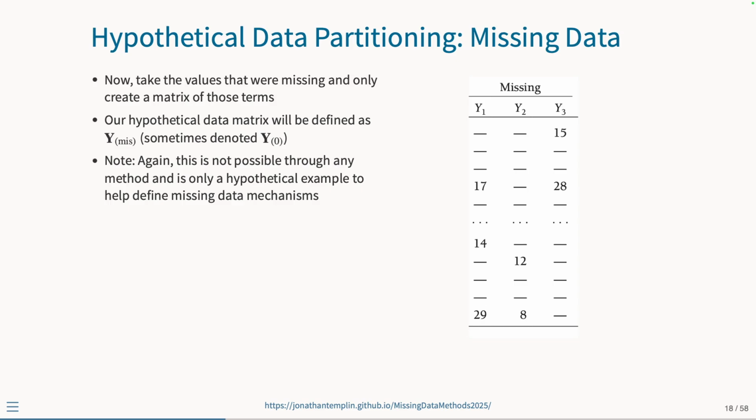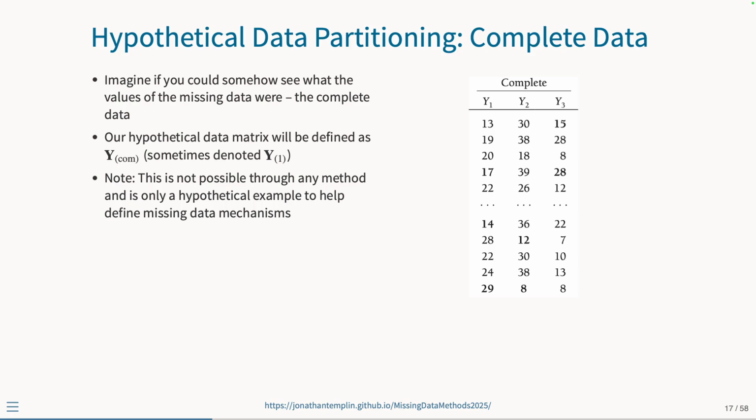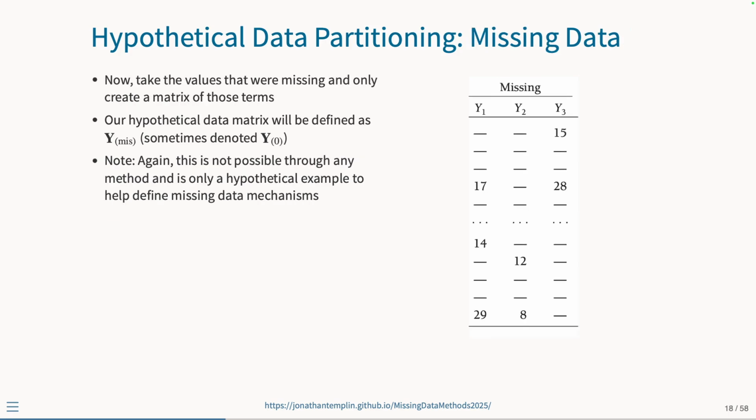If you were to invert Y observed, you'd have the values we would have seen, like the 15 in that spot. However, and again, you'll never have this, right? Y miss, you never know what those are. But we need to denote it because it helps distinguish what happens.